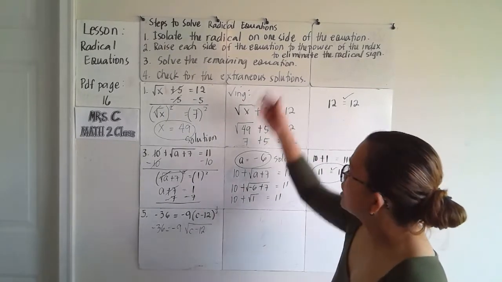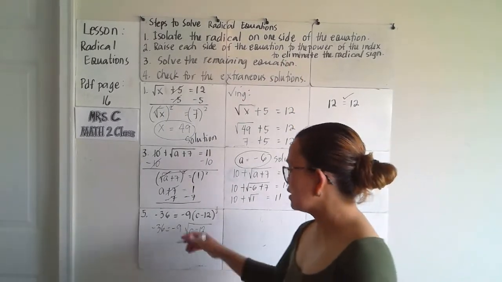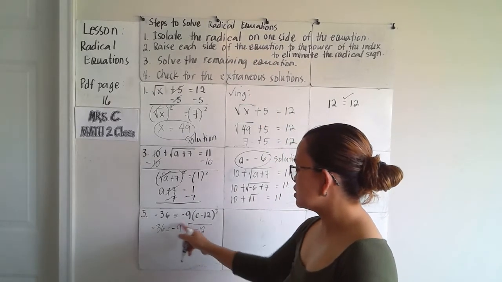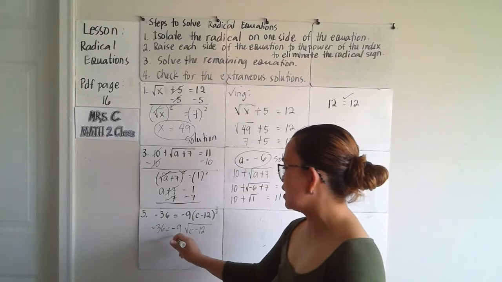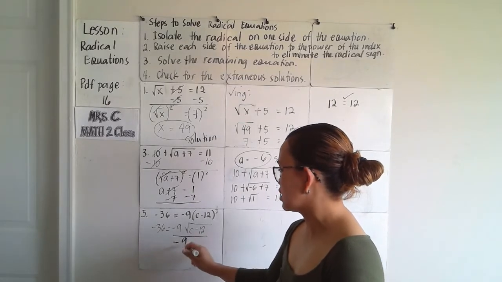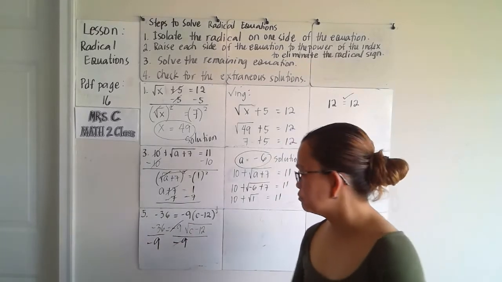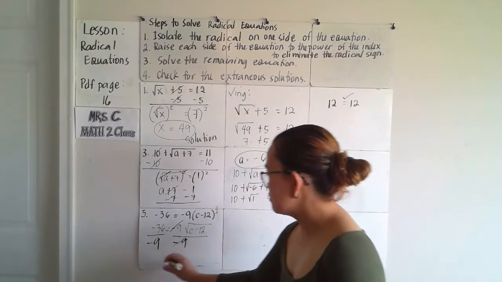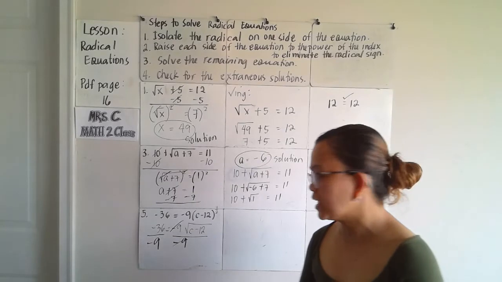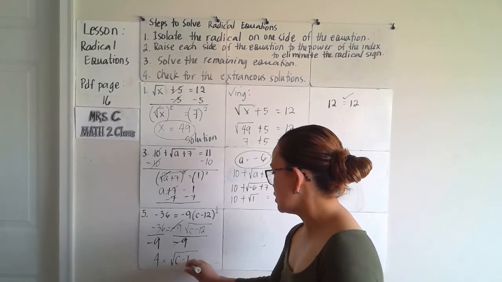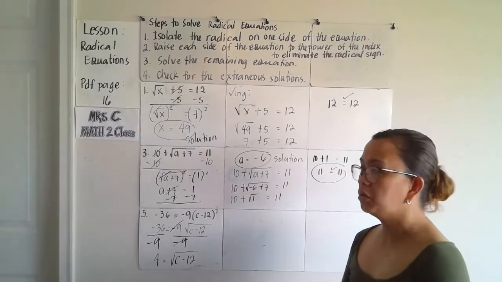To continue, we need to follow the steps. We need to isolate the radical. Since this is a multiplication, we need to divide by negative 9 on both sides. Cancel out negative 9, and now we have negative 36 divided by negative 9, which is 4, equals square root of c minus 12. Can you follow?